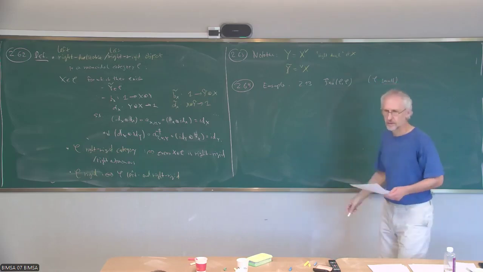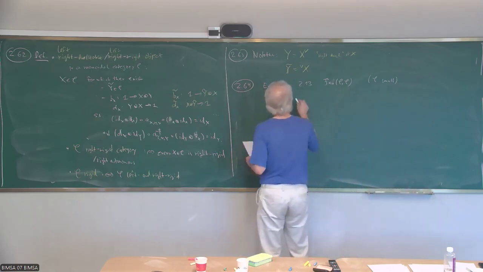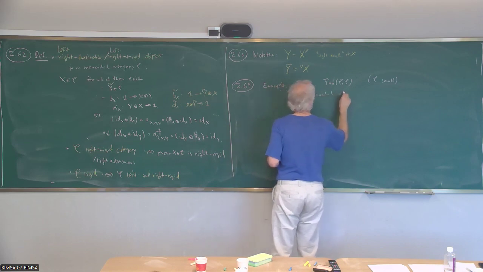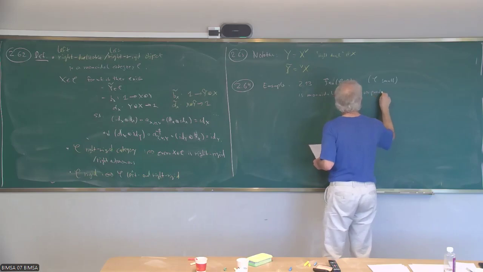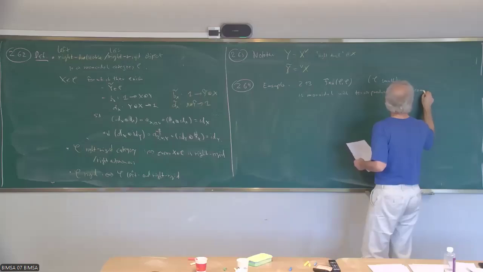So objects are endofunctors, morphisms are natural transformations between them, and it is monoidal with tensor product given by composition. I think I already said that.